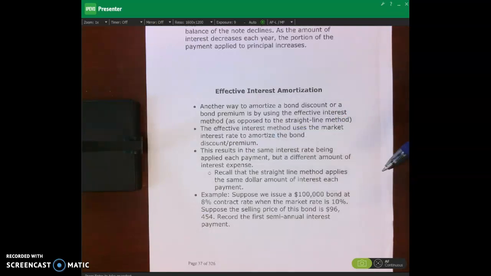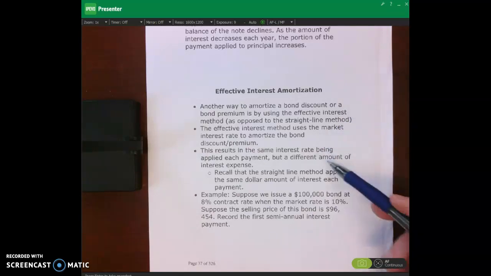And so it's the same rate every single time. Versus the straight line method, it's the same dollar amount of amortization every single period. With this one, it uses the same interest rate to calculate the amortization every single period.